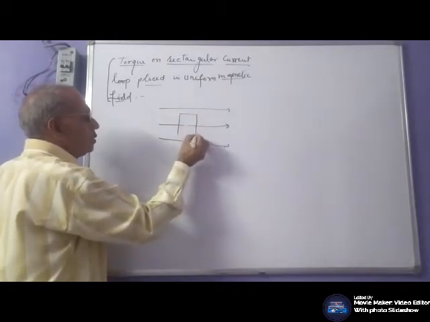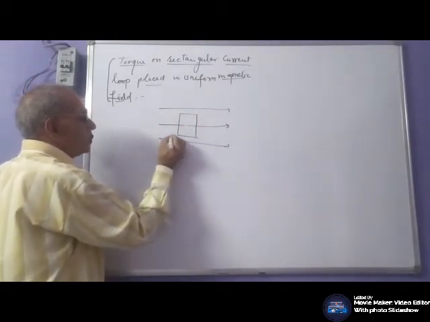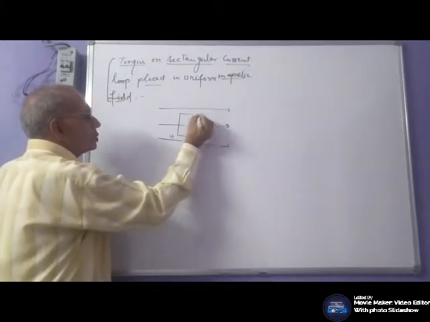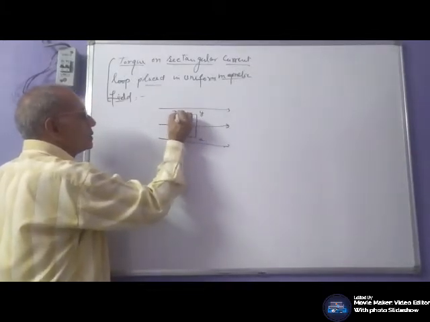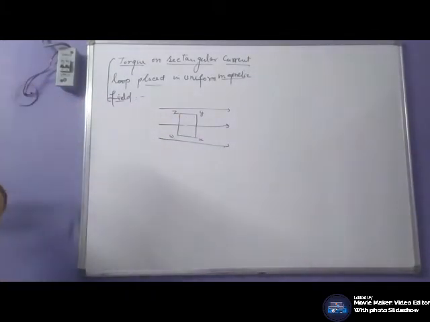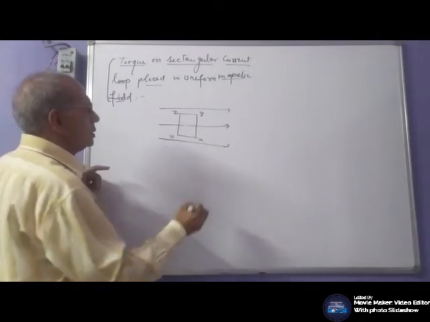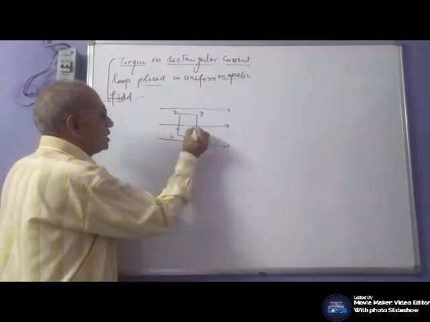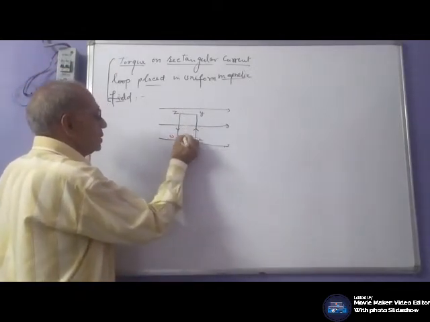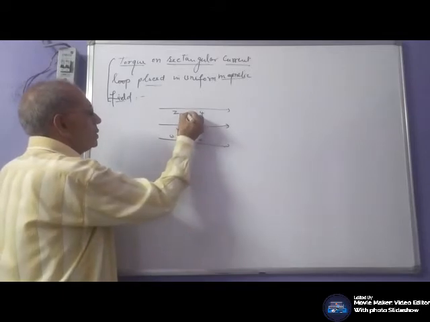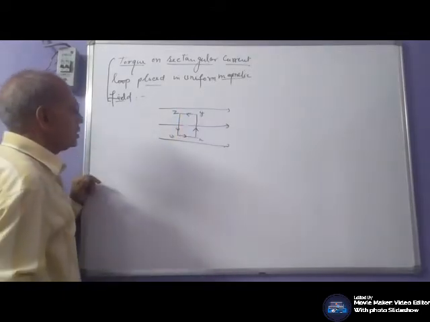This is a current loop UXYZ. Say this is the direction of current in this current loop.